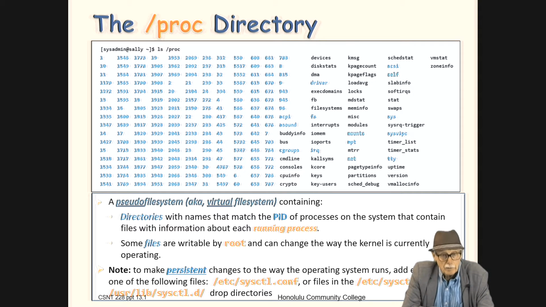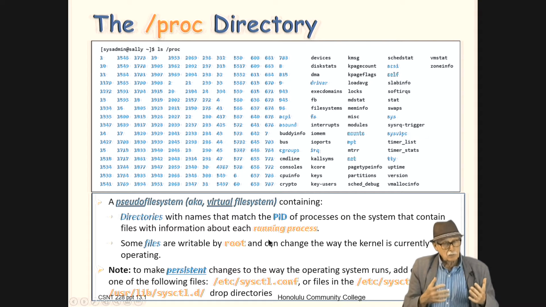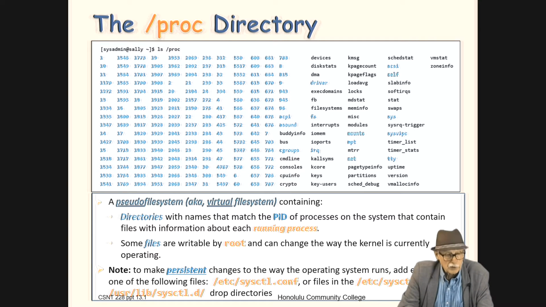If you ever wanted to make persistent changes, you'd have to go to a file on a disk, /etc/sysctl.conf, or the files in the /etc/sysctl.d drop directory. That's where you would make modifications that would persist. In other words, would survive the reboot process.